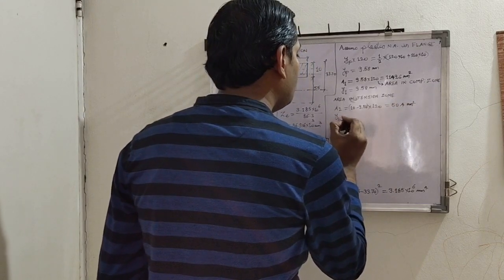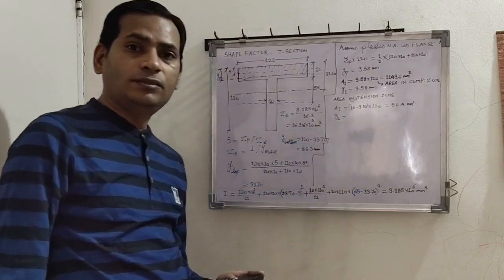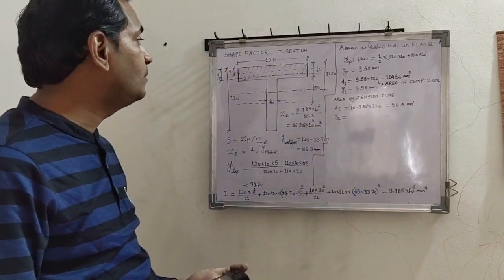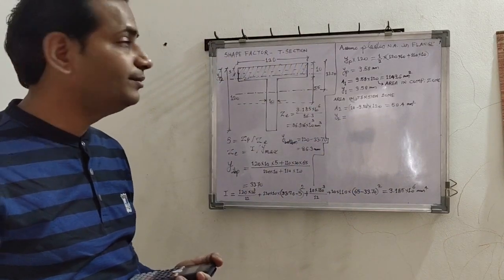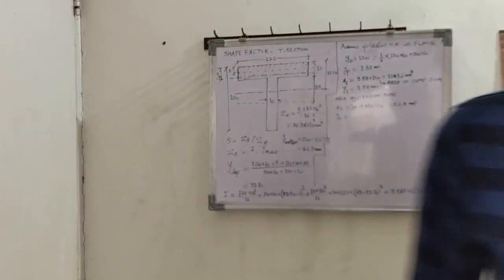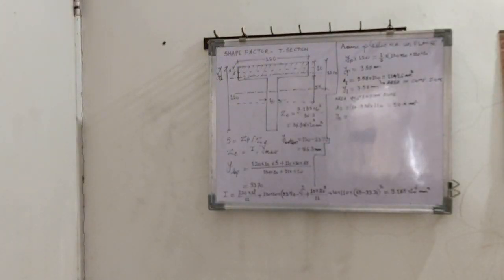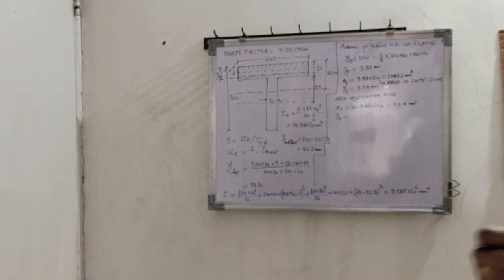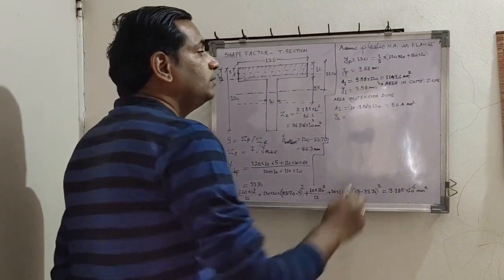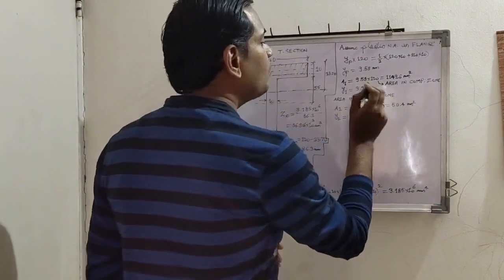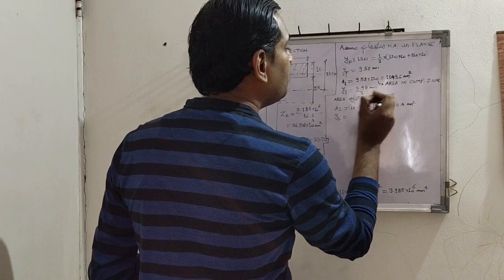And how much is Y2? Y2 is the centroidal distance of this shaded region from the plastic neutral axis. There is one small correction: 9.58 upon 2.